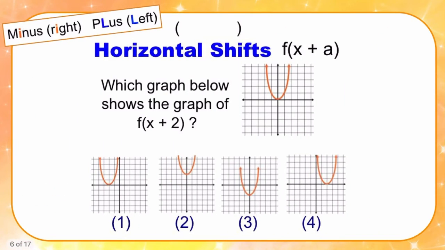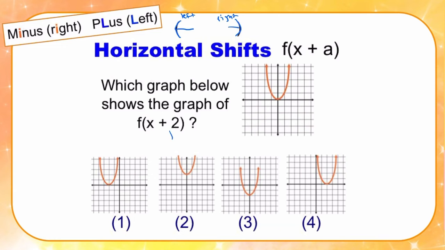All right, so horizontal shifts involve some kind of number inside of parentheses. Vertical shifts happen outside parentheses, but when you see something inside parentheses, it's going to be left or right. I kind of remember this because parentheses can look like arrows, like a left arrow and a right arrow.